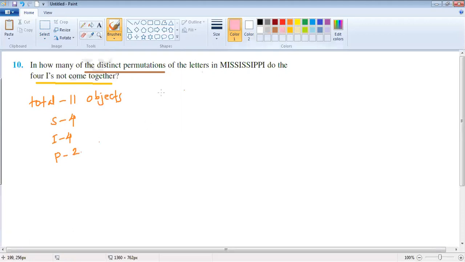So we can say the number of distinct permutations is equal to 11 factorial divided by 4 factorial into 4 factorial into 2 factorial.